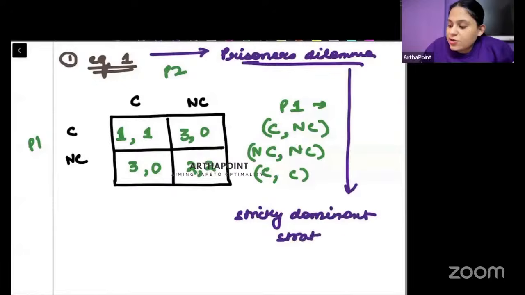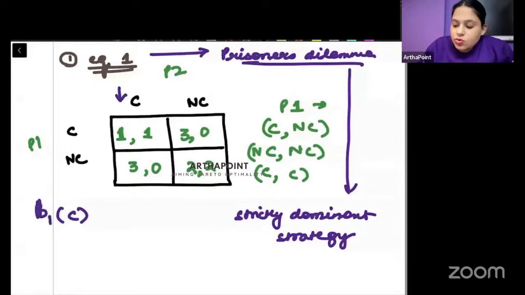And what is that strictly dominant strategy? When player 2 is committing to crime, what is best for player 1? Best response of player 1 is to not commit to crime. And when player 2 is not committing to crime, what is the best response of player 1? To commit to crime?